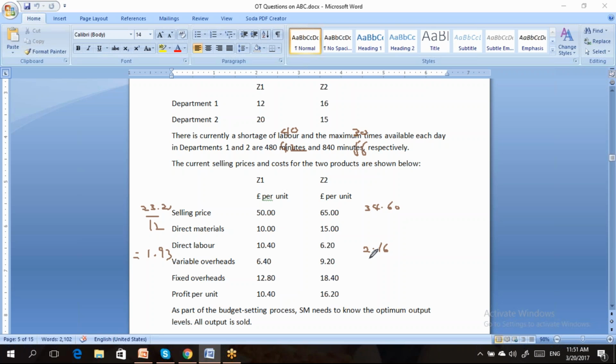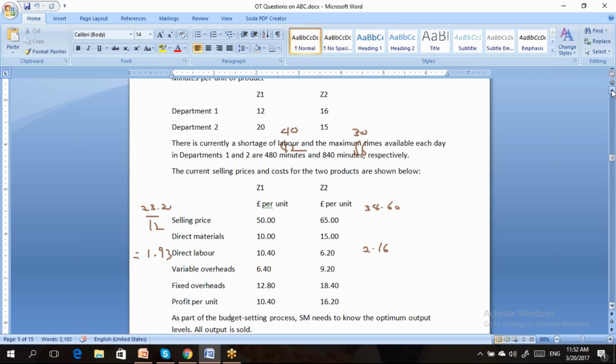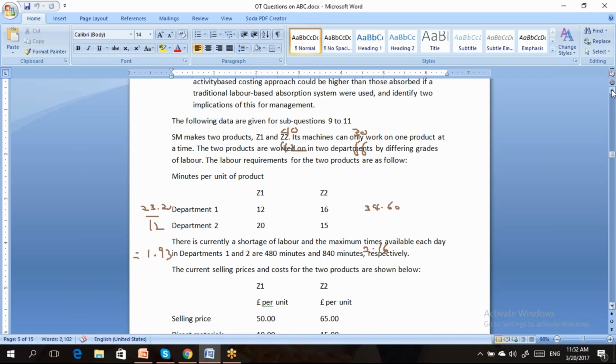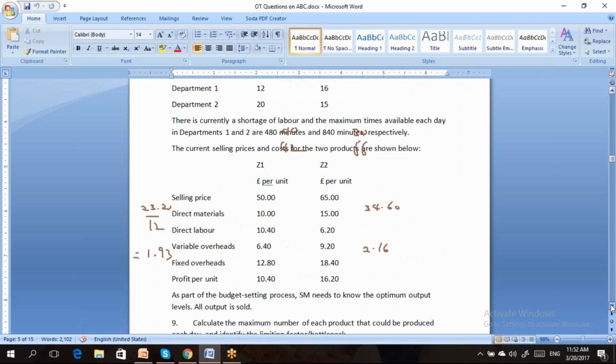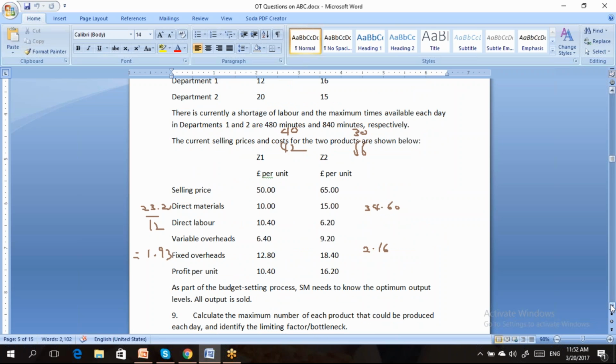Z2 is going to take 16 minutes per unit. Did they give us a maximum demand or something like that?